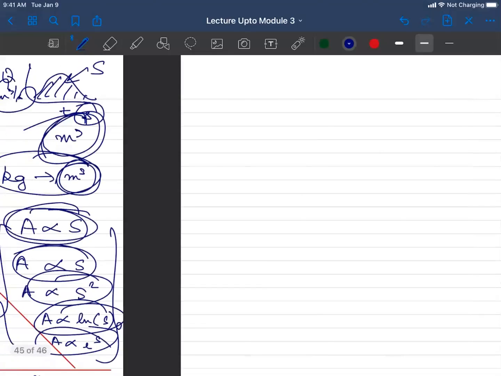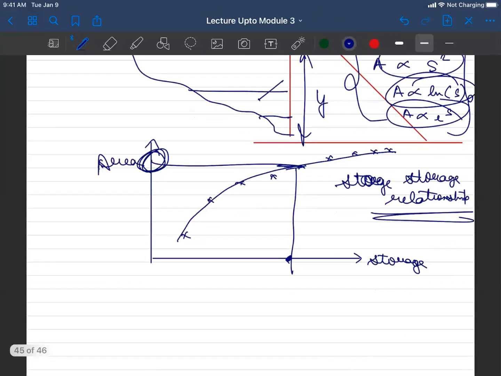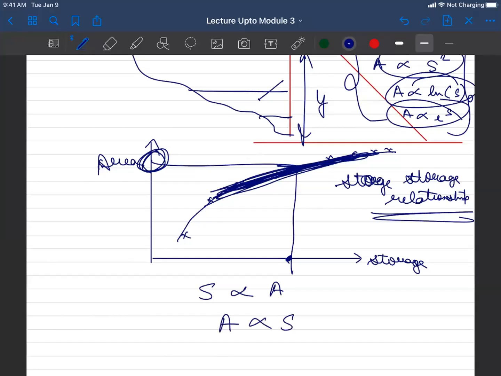Now let us say that, for sake of simplicity, we find enough points and we find that this is a straight line. It could be anything, but I'm saying it's a straight line in the simplest case. I can say that my storage is proportional to area, or my area is proportional to storage.